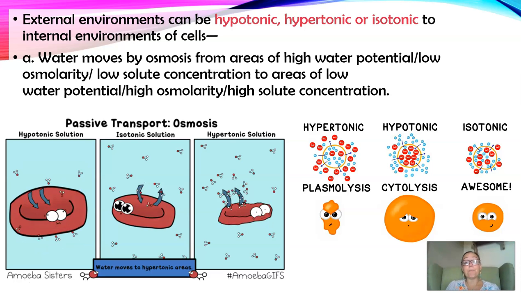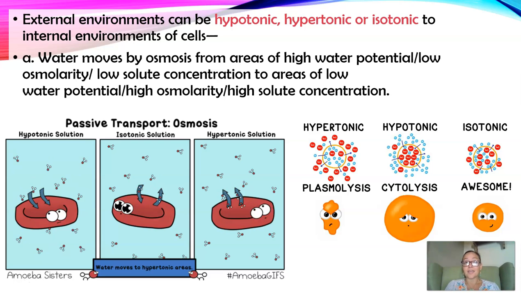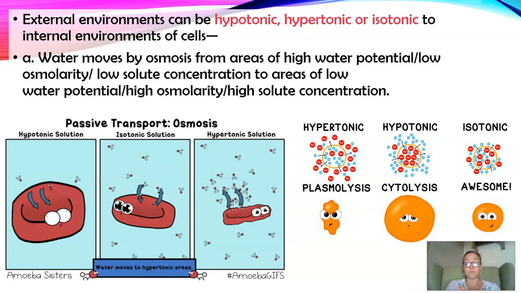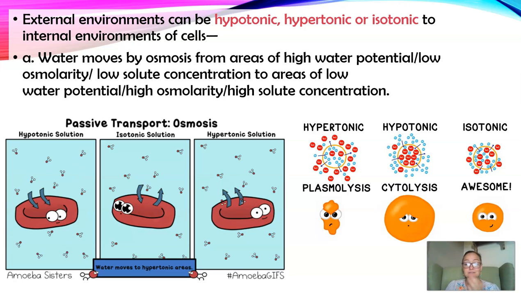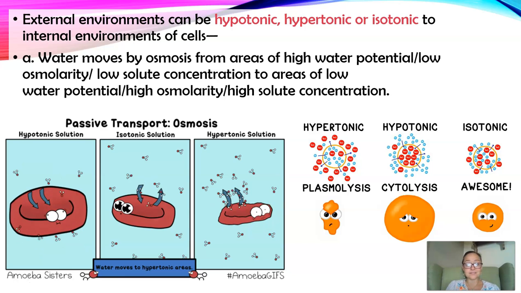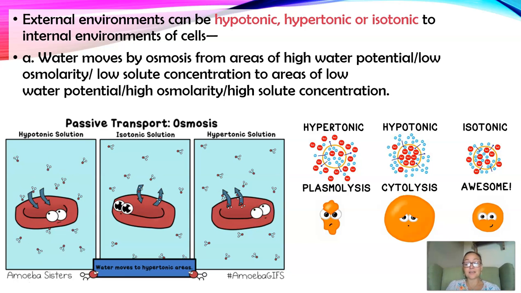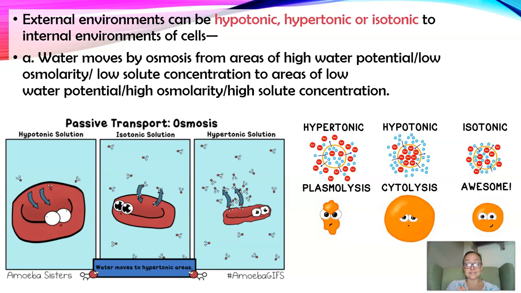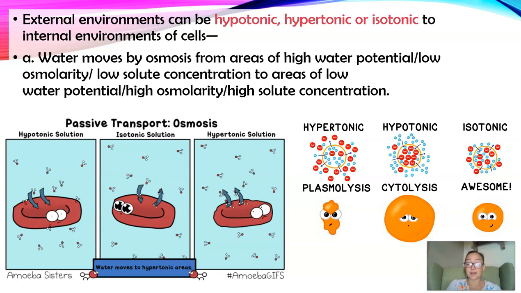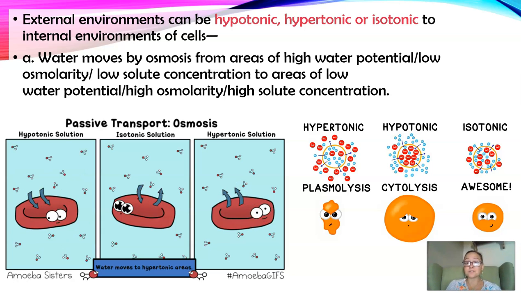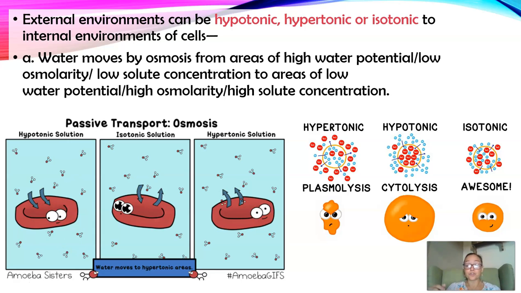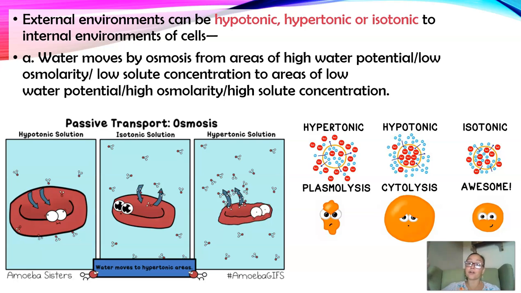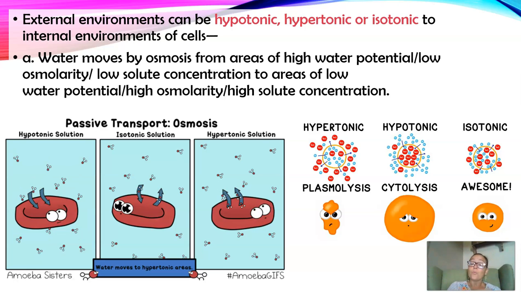Versus in a hypotonic environment, a human who maybe drinks way too much water has now added tons of water in the surrounding environment of their red blood cells. Now you run the risk of what's called cell lysis. In a hypotonic environment, there are more solutes within the cell, internal. So you're going to have a net movement of water into the cells, which could ultimately cause them to burst.